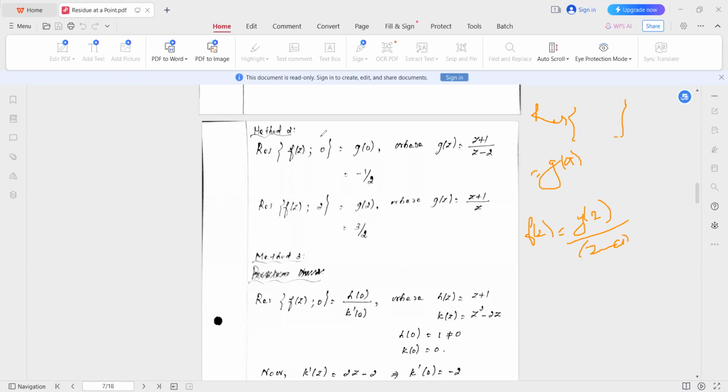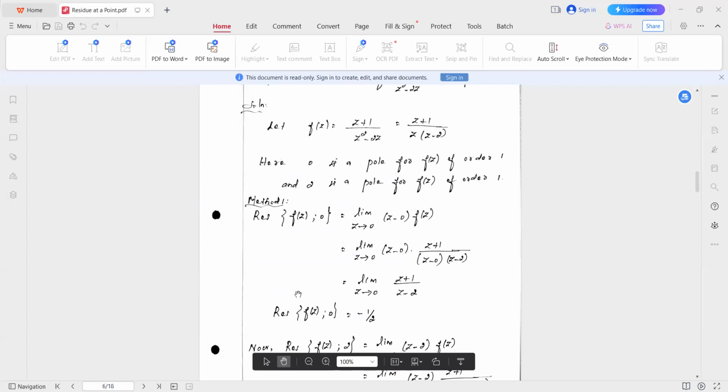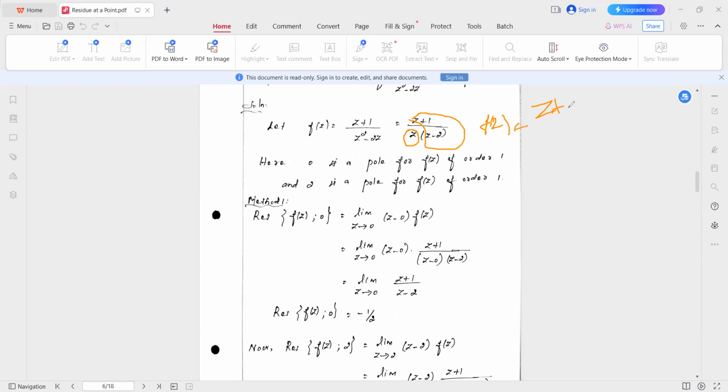First, we find the residue for the point 0. How do we choose the function g of z? f of z can be written as (z plus 1) by (z minus 2), divided by z minus 0.